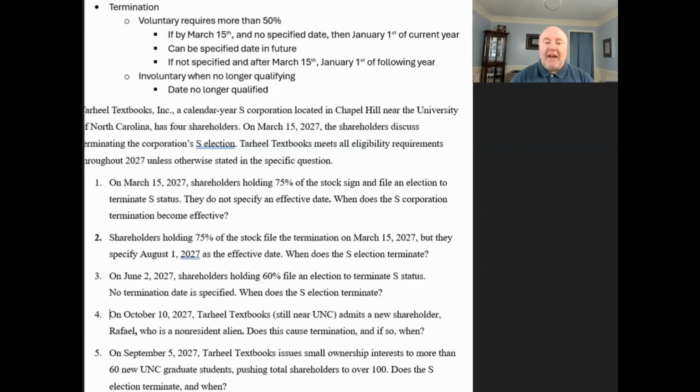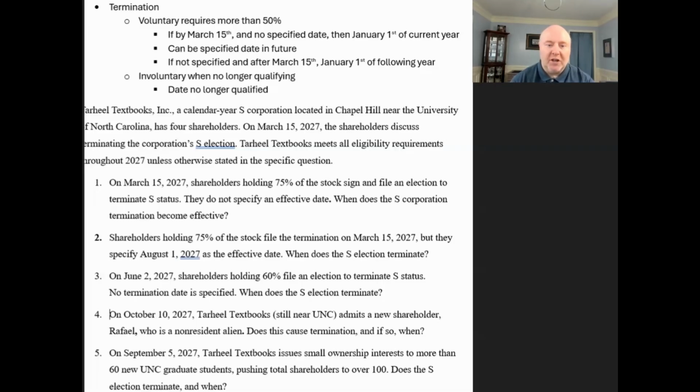So that's the way that you're going to do a voluntary termination, but there's also an involuntary termination that occurs when you no longer meet the requirements. For example, you may have a C corporation that acquires shares in the S corporation, and we know that can't happen. If they do that, you're going to lose your S election, and it'll be on the date that the C corporation purchased or owned the shares.